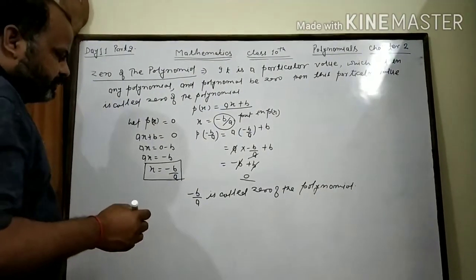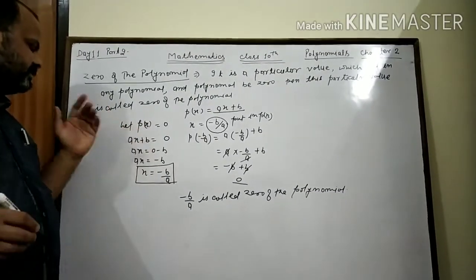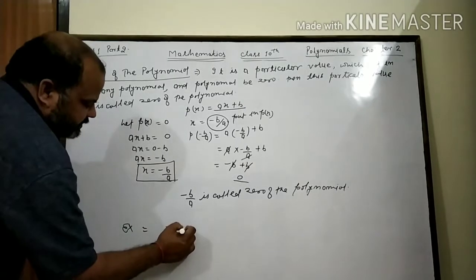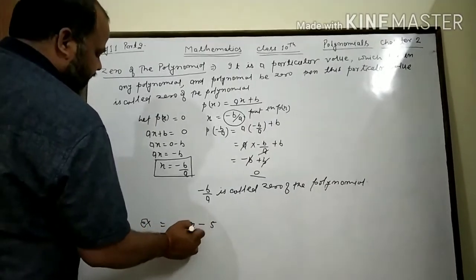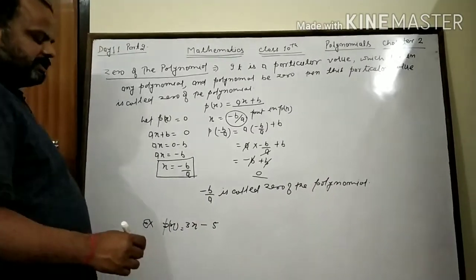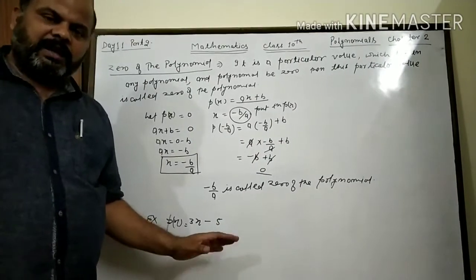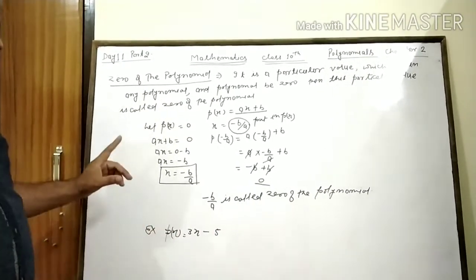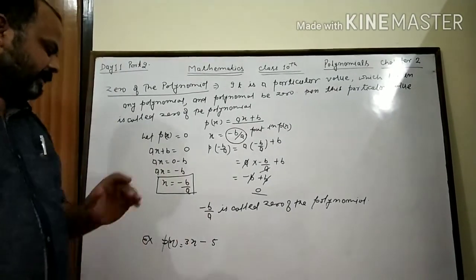Suppose you want to find the zero of a polynomial. Let's suppose in a question, example, 3x minus 5 is a polynomial. p(x) is equal to 3x minus 5 and we want to find its zero. Clear? We find at which value this polynomial becomes zero.